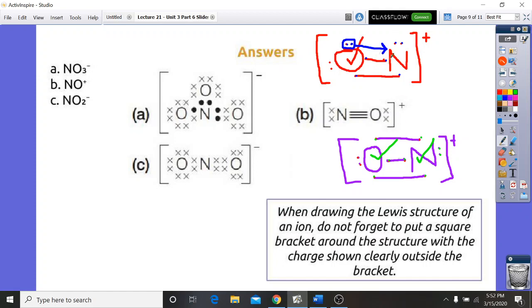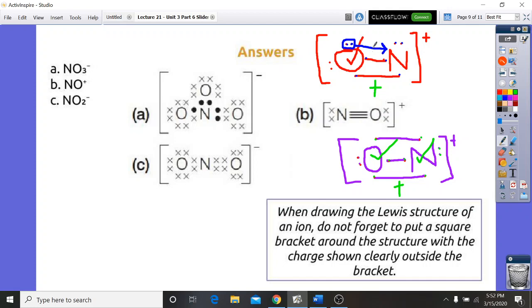Notice that even though this one is comprised of a double bond and a coordinate, at the end of the day, it is the same as this triple bond. This is a triple because there's 3 pairs of electrons.